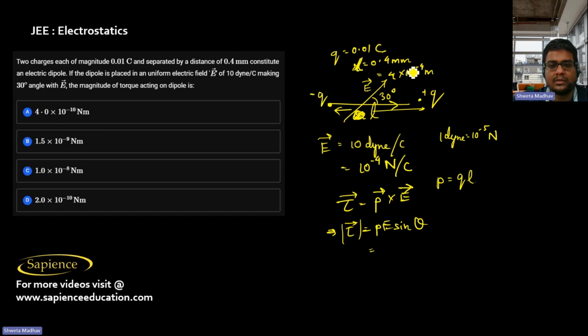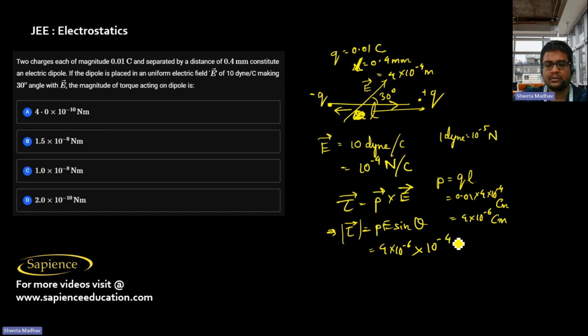L is 0.4 millimeters, so it's 0.01 into 4 into 10 power minus 4 coulomb meter. So I can say this is 4 into 10 power minus 6 coulomb meter, into the electric field, which is 10 power minus 4, into sine theta.